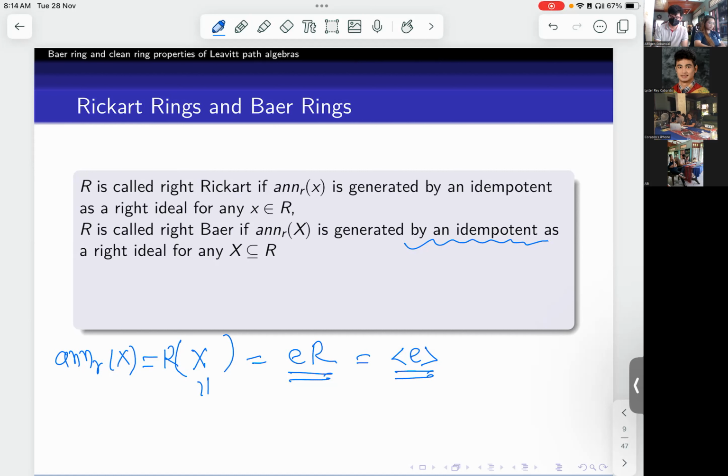And if this X was a singleton, then such a ring would be called a Rickart ring. So actually, a Baer ring is a specific example of a Rickart ring.